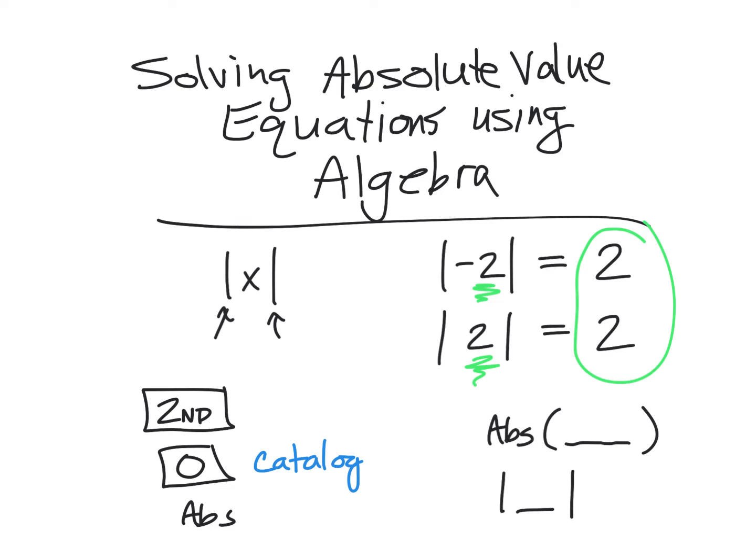Now, let's actually look at how you solve absolute value equations. Be mindful again, remember, there are always two values that you can take the absolute value of and get the same numeric value, okay? And that's going to be important as we go through and solve. Okay, so let's look at a problem. Let's go really basic here. Let's say we have absolute value of x equals 3.